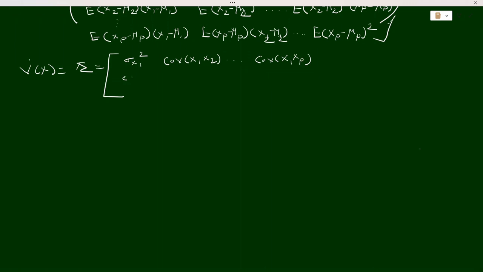Similarly, second row will be covariance of x2 x1, sigma x2 square, etc. Covariance of x2 xp, and the last row is covariance of xp x1, covariance of xp x2, and this will be sigma xp square.